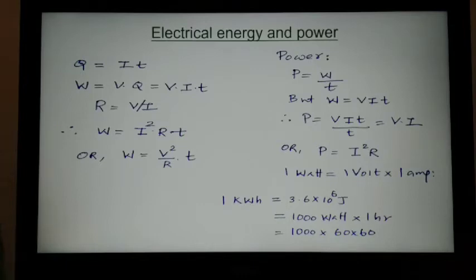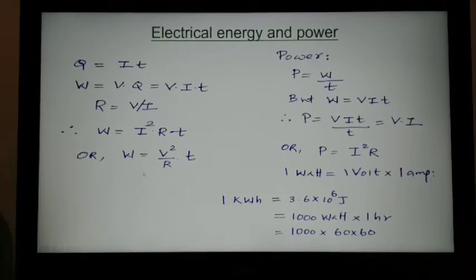So V into q is equal to V into I into t. But R is equal to V by I. So W is equal to I squared R t, or W is equal to V square by R into t. If you replace V by IR, you will get I squared R t, or with I as V by R, you will get V square by R into t.